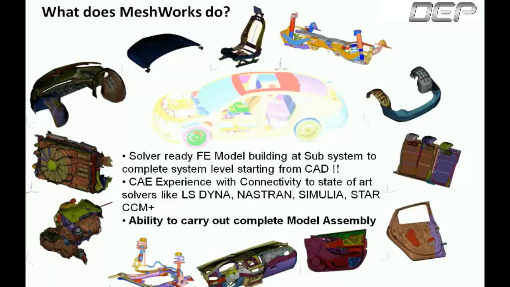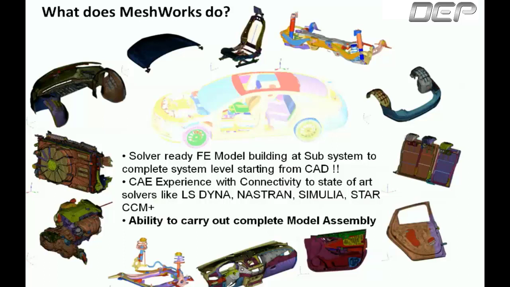Now, just to give you an overview of MeshWorks' end-to-end feature, the idea is to generate a solver-ready model from MeshWorks on the pre-processing side. As you can see here, in an automotive context, MeshWorks handles plastic parts as well as the complete subassembly, including the model assembly tools and the complete vehicle level assembly tools.